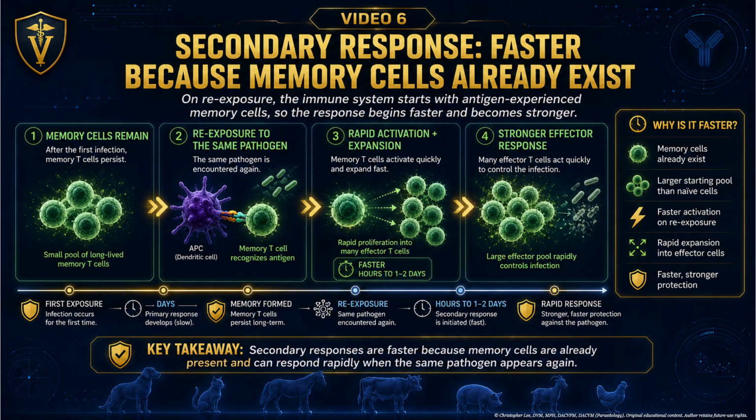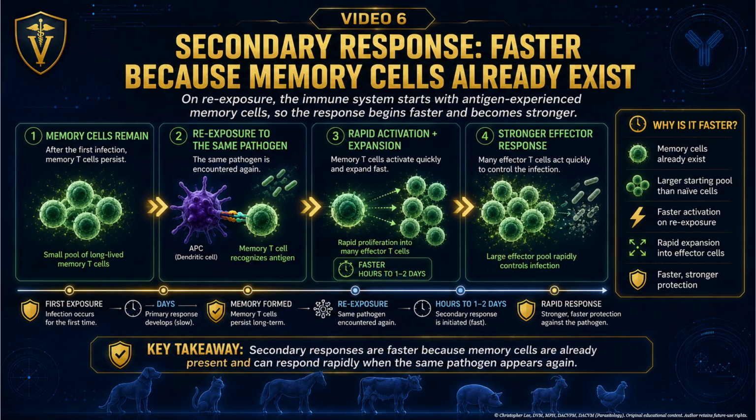Those memory cells can activate more quickly, expand more rapidly, and generate effector function with less delay. So instead of spending days just finding and building the response, the immune system can move faster. And that's the whole advantage of immune memory. The second response is not magic, it's logistics.